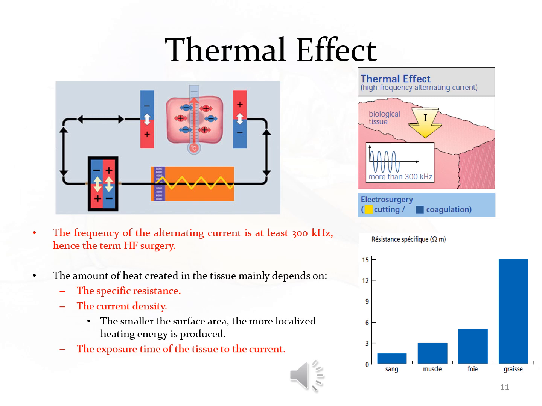The basis for all electrosurgery is the thermal effect, which is caused by electric current flowing through tissues. Physicians use thermal tissue destruction to cut or coagulate tissue in the area being operated on.